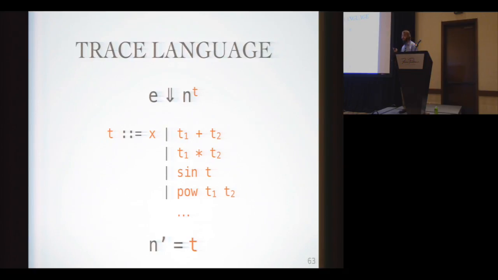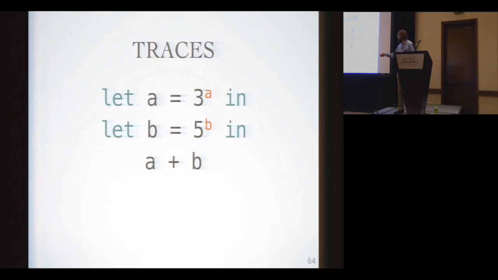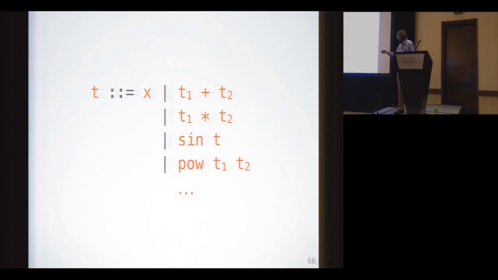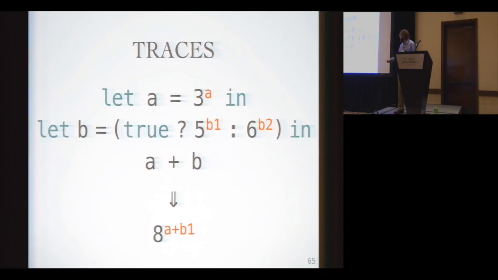There are two things to notice about our traces. First, they don't keep track of any control flow information. So, for example, if b is instead computed based on a branch, the resulting a plus b, the result of 8, is only going to have the trace of the branch that was taken.